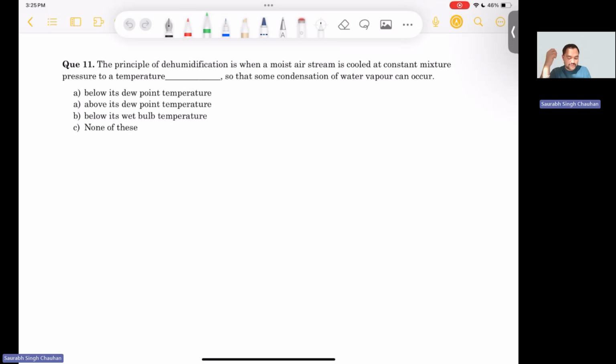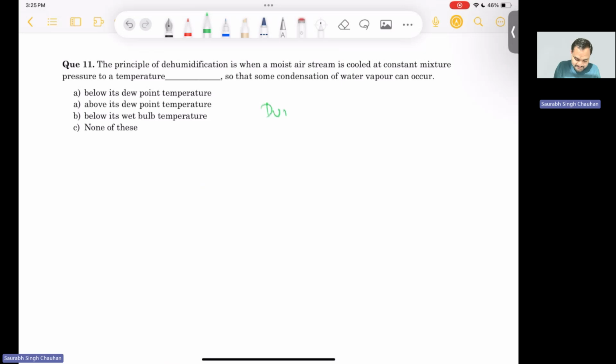We need condensation. Because of condensation, we can remove the water in the condensed form. But in order to start condensation, we should reduce the temperature below the dew point temperature, right? Then only the condensation can be started, right?